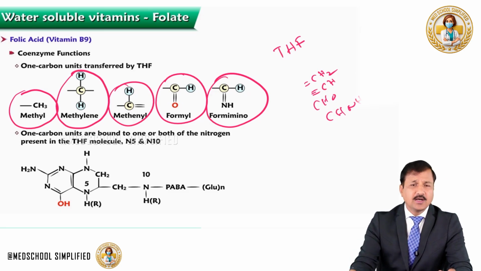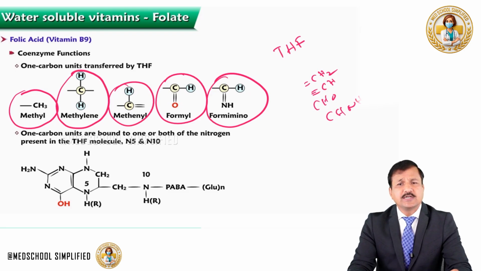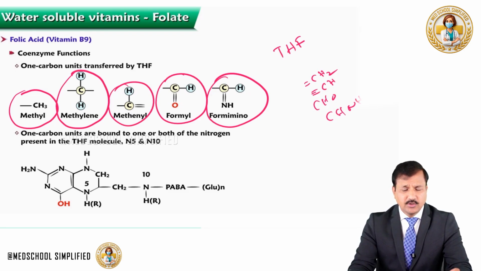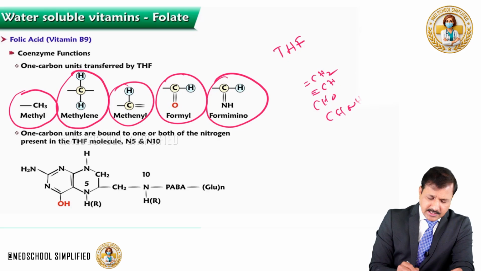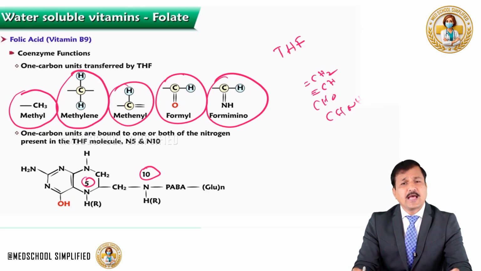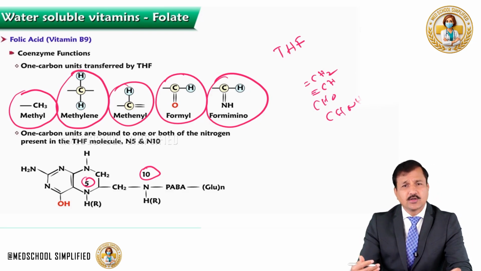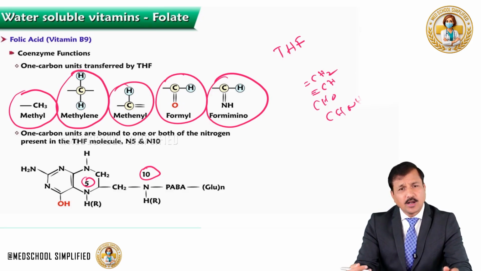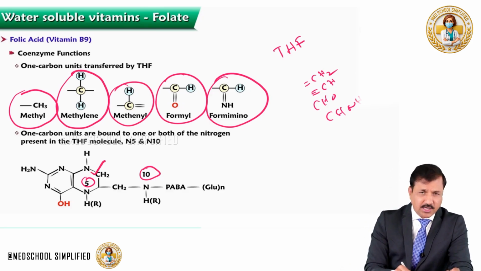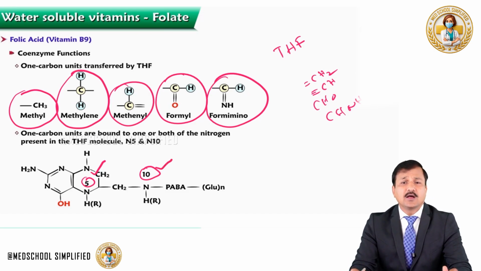These 1 carbon units are bound to one or both of the nitrogens present in the tetrahydrofolate molecule, especially the nitrogen at the 5th carbon or the 10th carbon, which will accept these derivatives. Whether methyl, methylene, methenyl, formyl or formimino, all of them will bind either to the 5th or to the 10th position in folic acid.